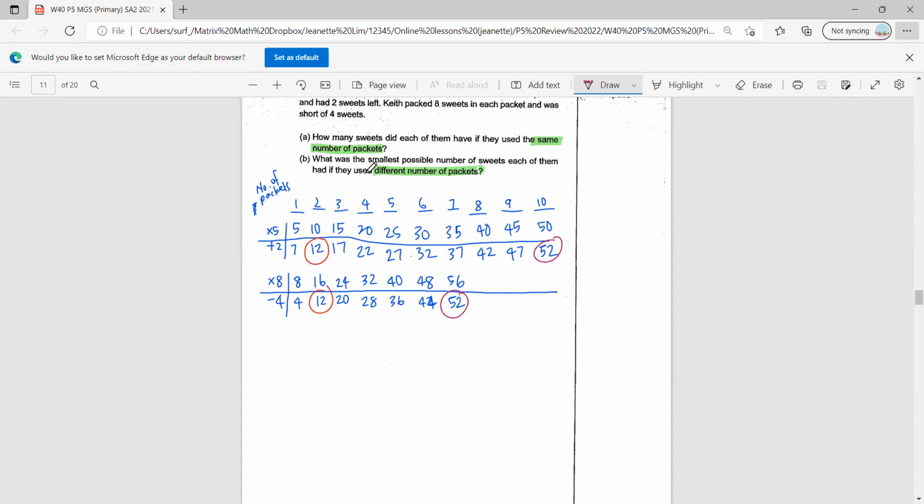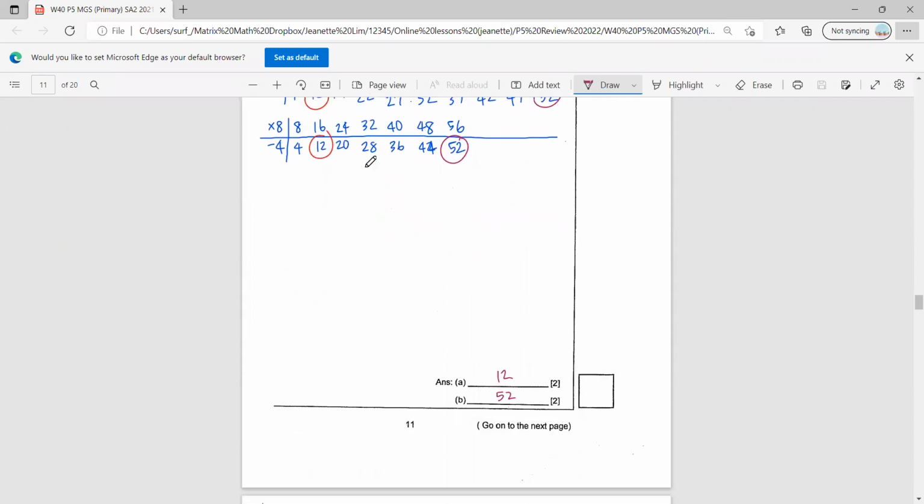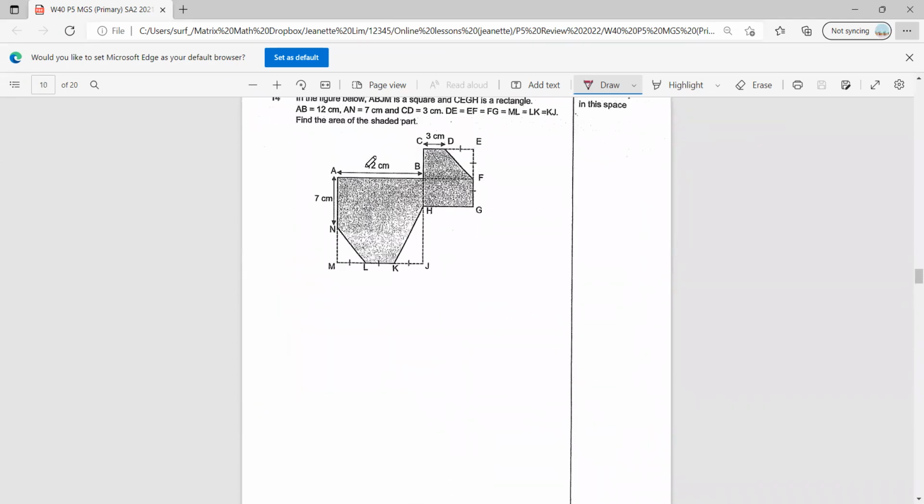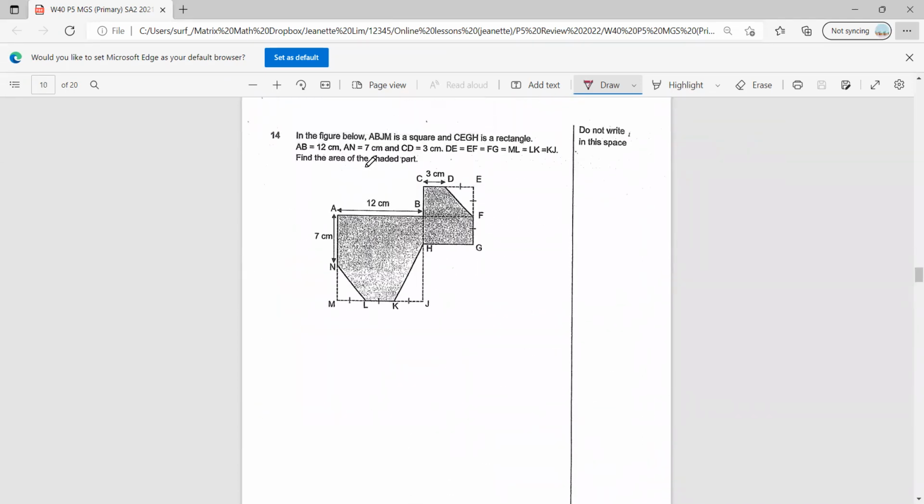Okay, that's the bottom. The rest of the bottom, 12 and 52. Okay, done. Teacher, this one took 5 minutes. Okay. Sarah, do you want a bun? Thank you. Don't be hungry.